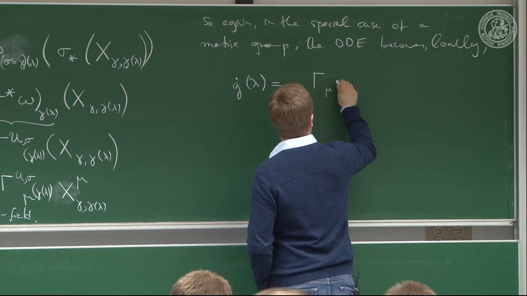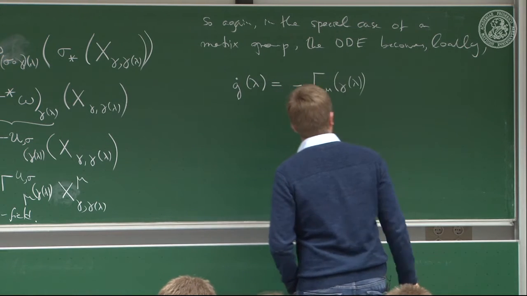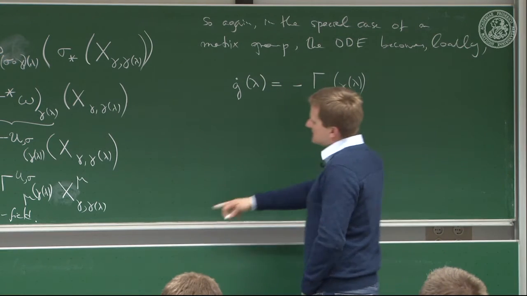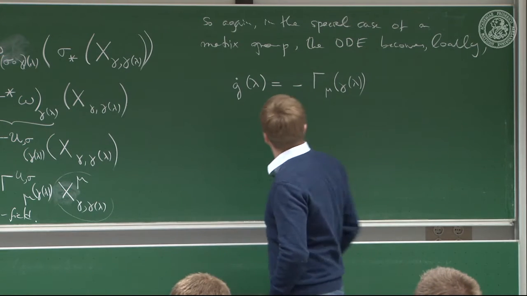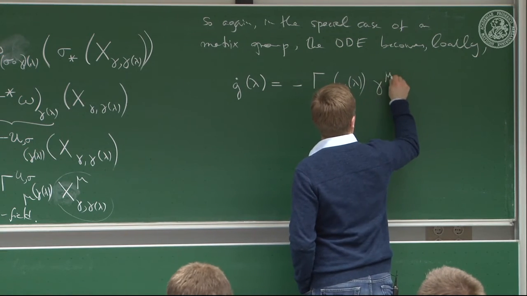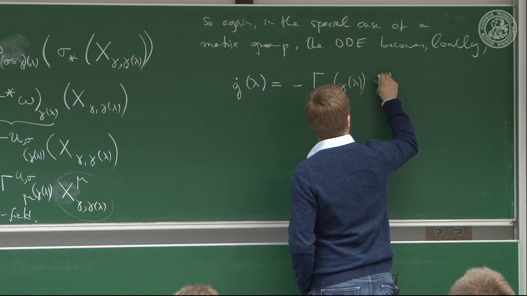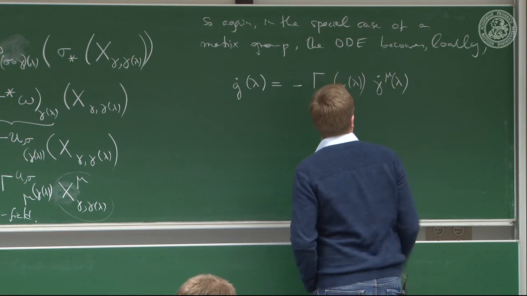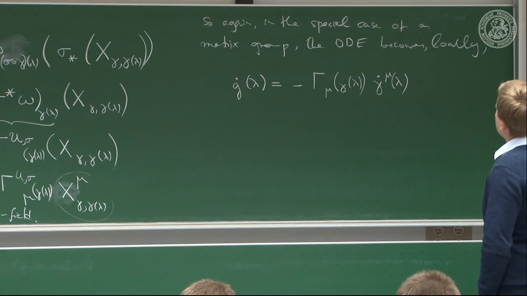Gamma mu at the point gamma of lambda times the tangent vector to this curve. Well, this is a very complicated way to write this. We could also, in local components of the curve under the coordinate map, say this is the derivative with respect to lambda, right? This is certainly true in the chart.